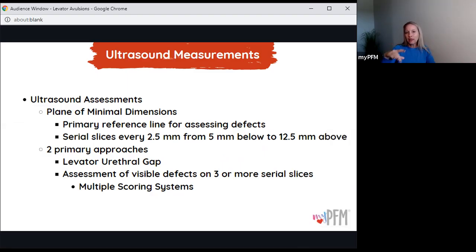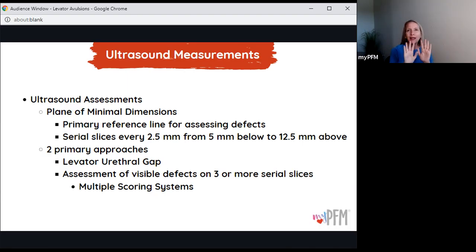And then there's different scoring systems out there, but those scoring systems are all based on those slices of ultrasound and counting how many slices there's a defect. And then if you have X amount of slices with a defect, so let's say one of the scoring systems has 12 total slices. So if you have 9 or more, then that's considered complete, or if you have 6 or less, that's less.